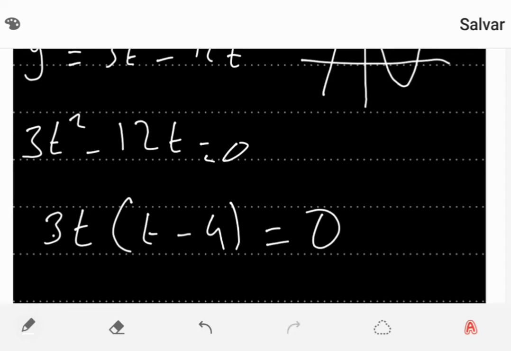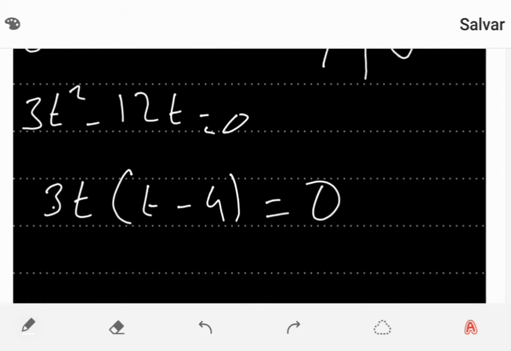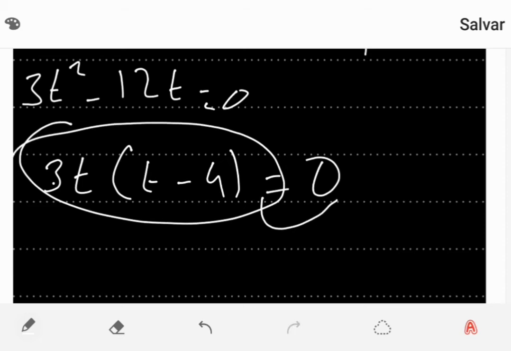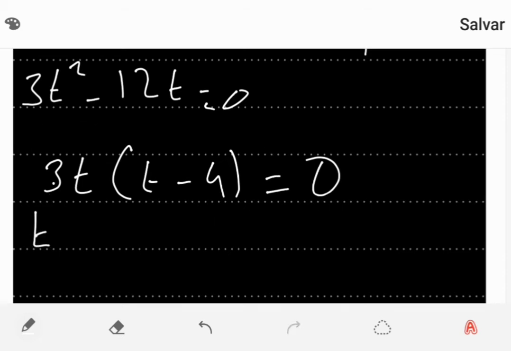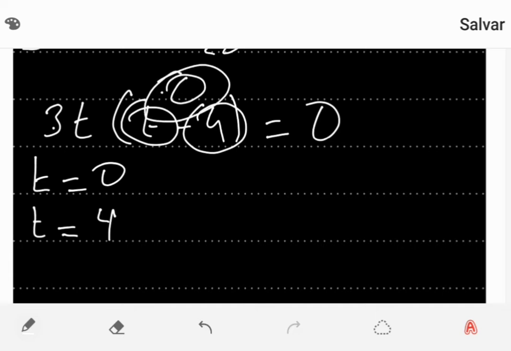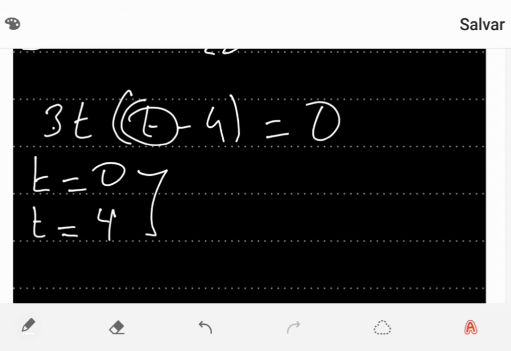For this to be 0, if t was 0, then we have an answer, right? t multiplied by 0 is 0, multiplied by something else is 0. So t equals 0 is an answer. Or if this term was 0, so if t equals 4. Why? Because 4 minus 4 is 0, and 0 multiplied by 3t is 0. So these are our two answers, okay?